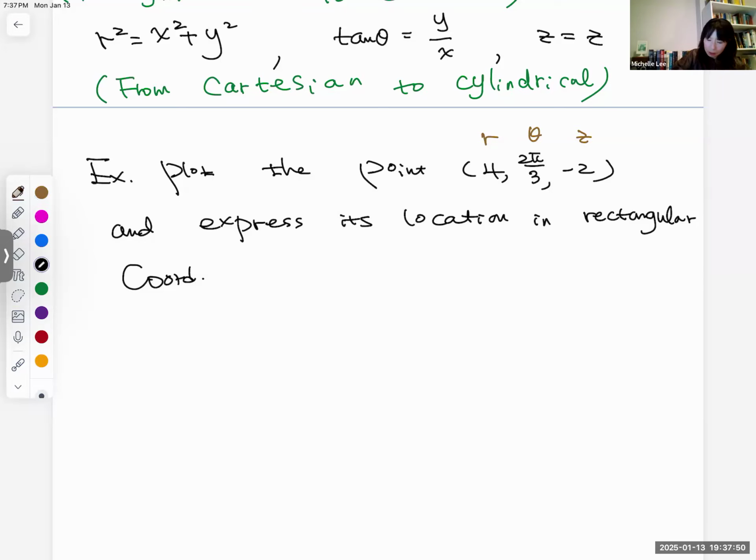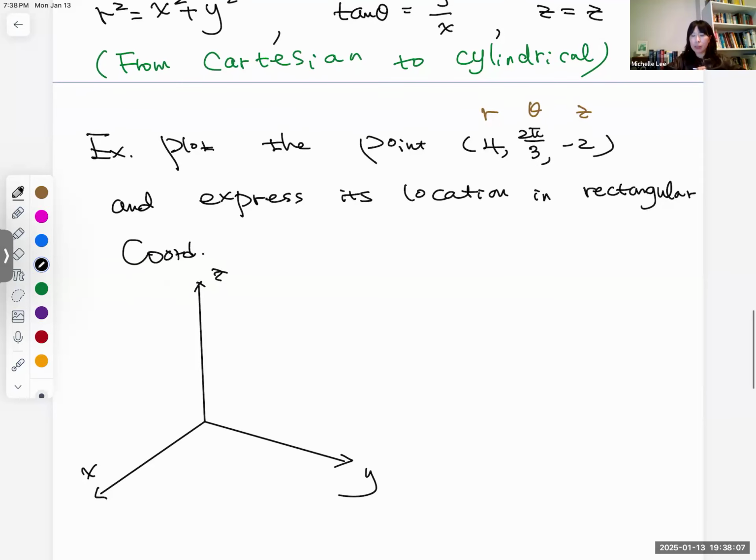Let's do it. So this is z, and this is x, and this is y. We have to measure from the positive x-axis and also the length r, right?